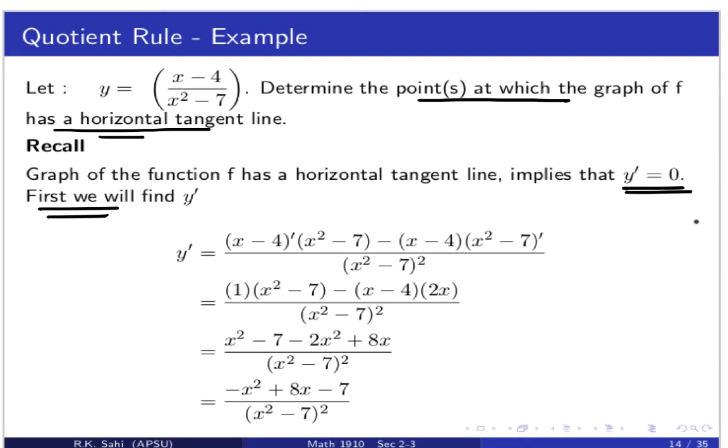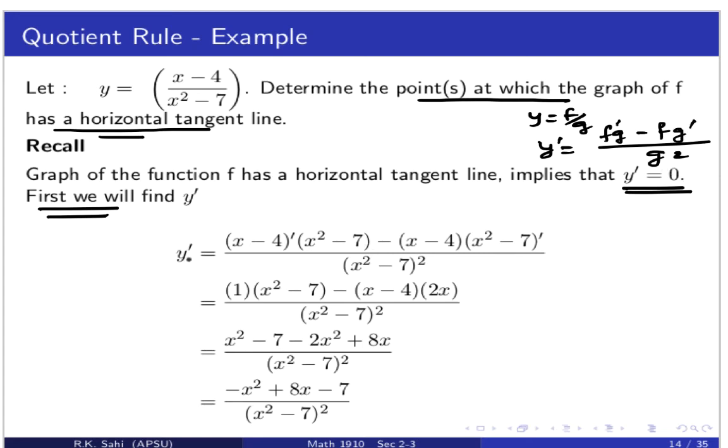So once again, the quotient rule, guys, keep in mind, I'm writing it down every time, and you have to remember it. It's very, very important. In your exams, you're expected to know that.